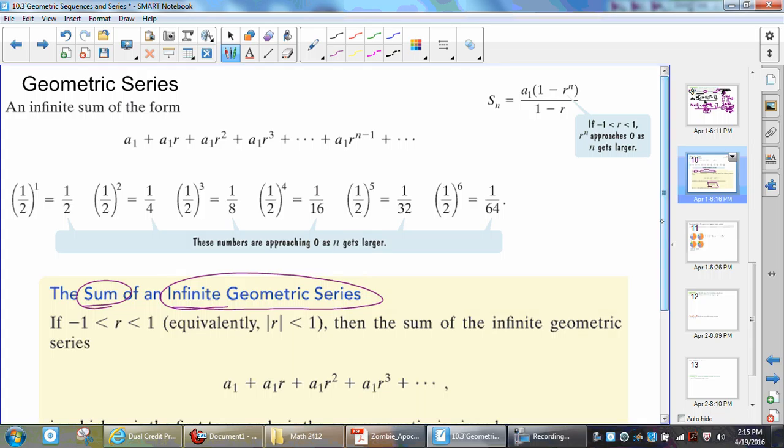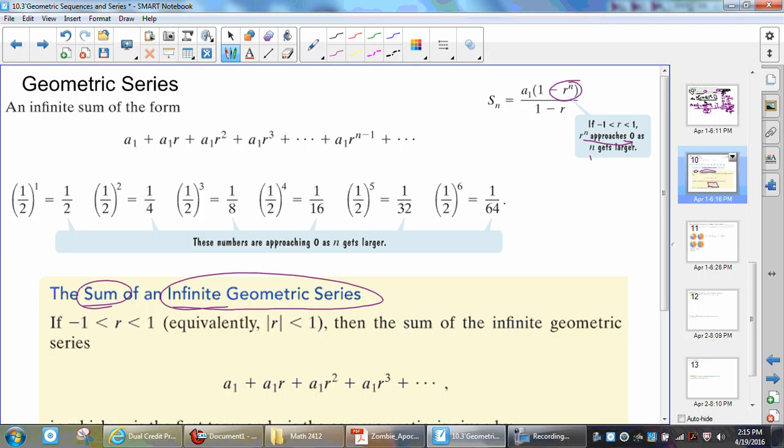Okay. Now let me tell you why the formula changes, just quickly. If you were to keep getting more and more terms, this r to the power n will approach 0 if n was to get larger.